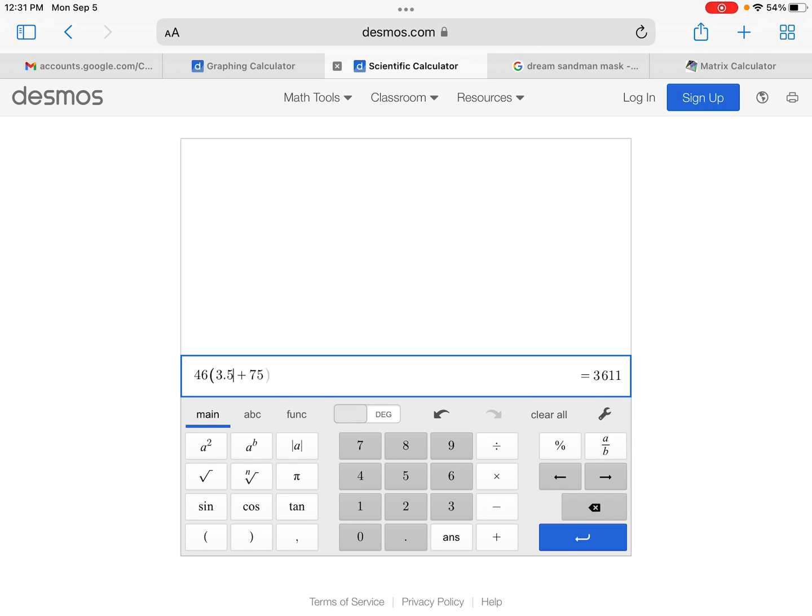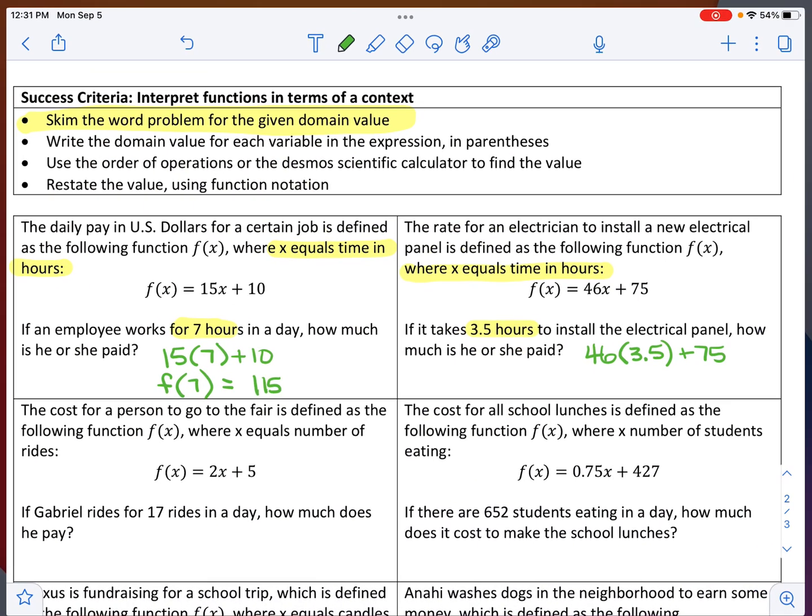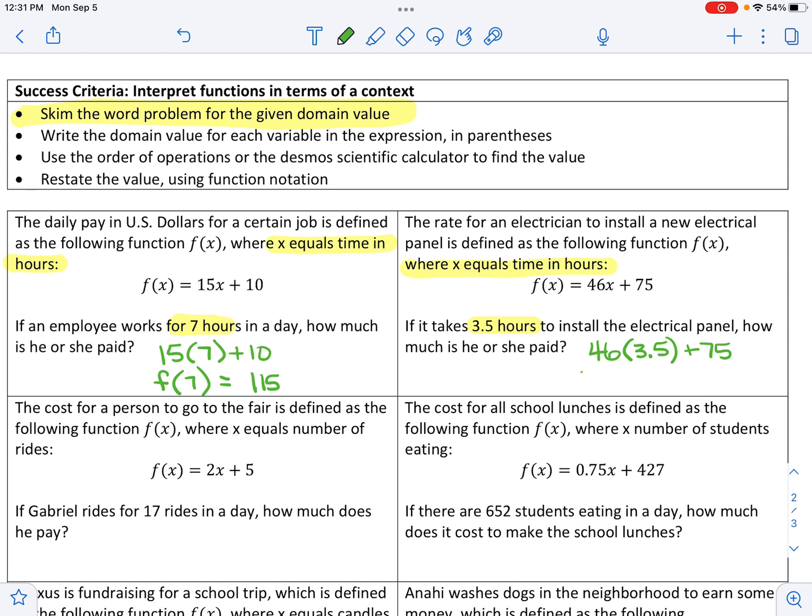Don't forget to put your parentheses where they're supposed to go. So $236 would be the amount. So F of 3.5 is equal to 236.